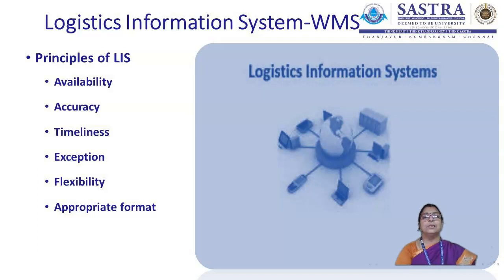The third principle talks about timeliness. The logistics information system must be timely to provide quick management feedback. How do we define timeliness? It is the delay between when the activity occurs and when the activity is visible in the information system.